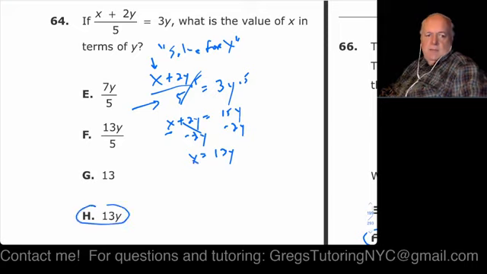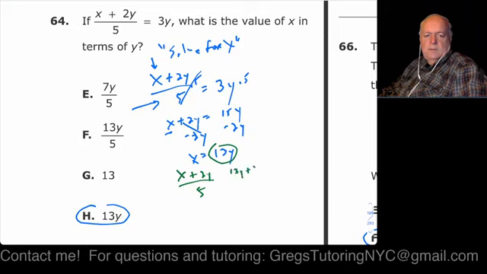And by the way, even though this is symbolic, we can feed that back in to actually make sure. If we go back to the original expression, x plus 2y over 5, and we replace x by 13y, we get 13y plus 2y over 5.